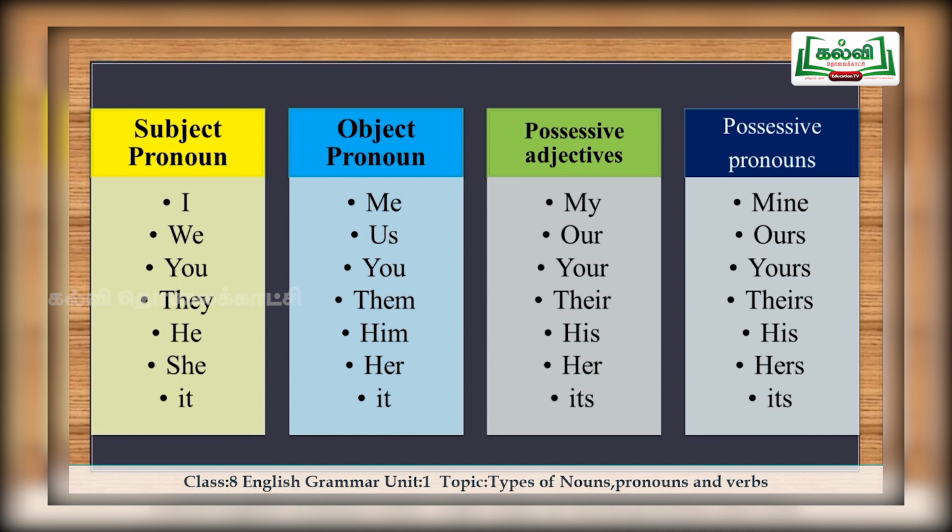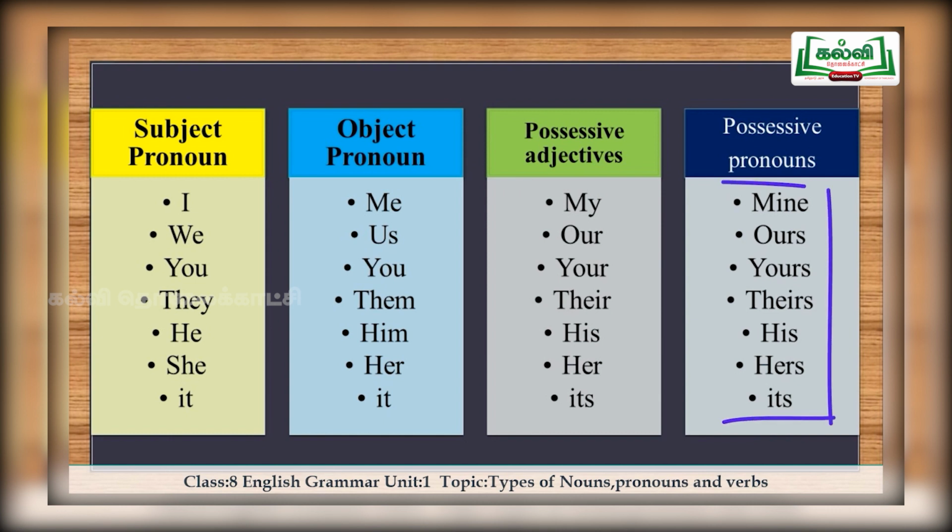So how does it change into possessive adjectives? Let us check. I changes to my and we changes to our. You changes to your. They changes to their. He changes to his and she changes to her. It changes to its. And last, let's check how it changes in possessive pronouns.